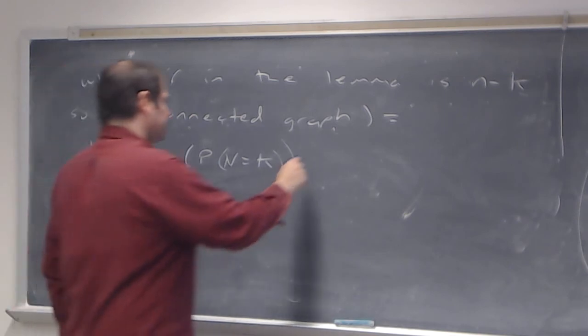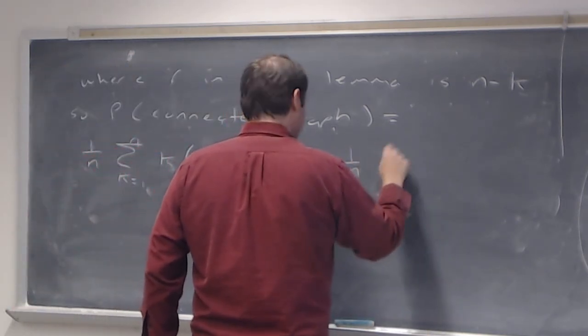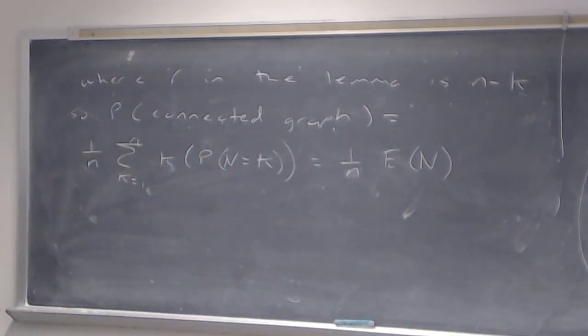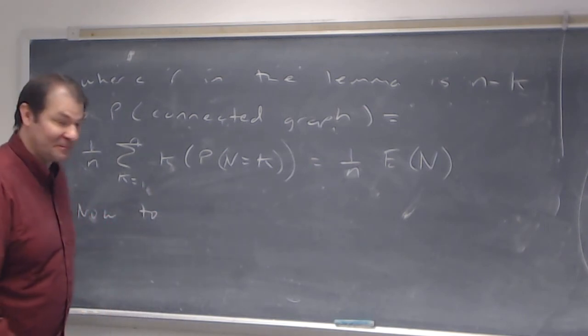And this is 1 over n times the expected value of N. Okay, so we need to compute the expected value of N. The way we're going to do this is with the indicator function. That's right, we're not done.